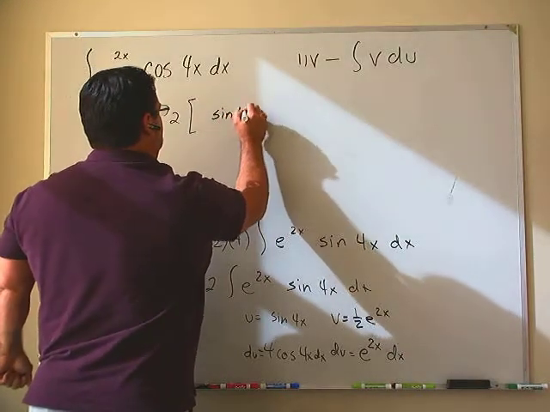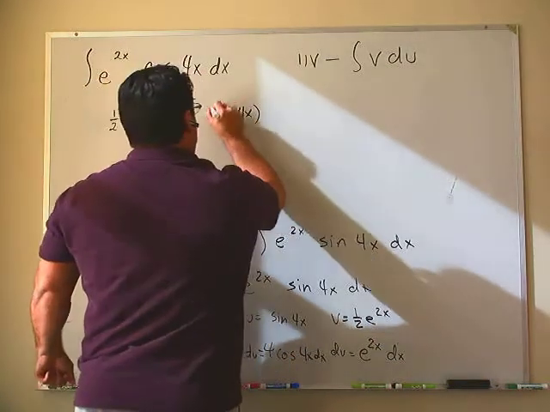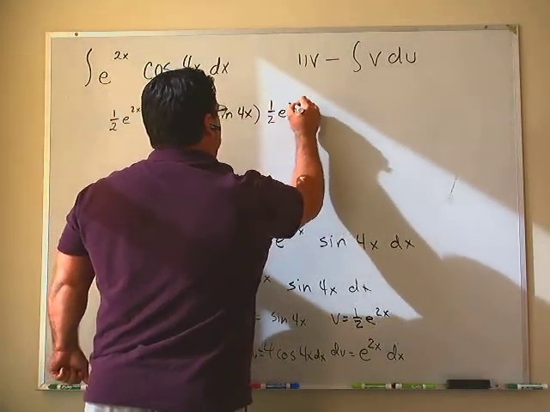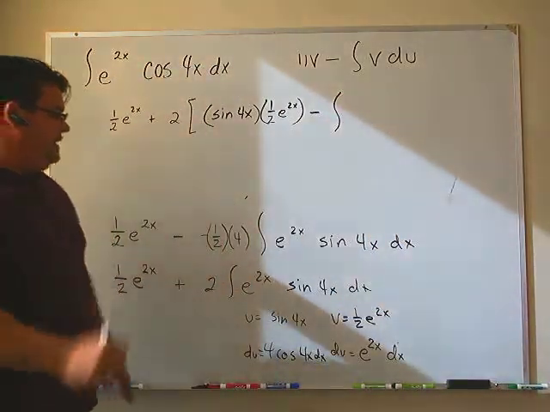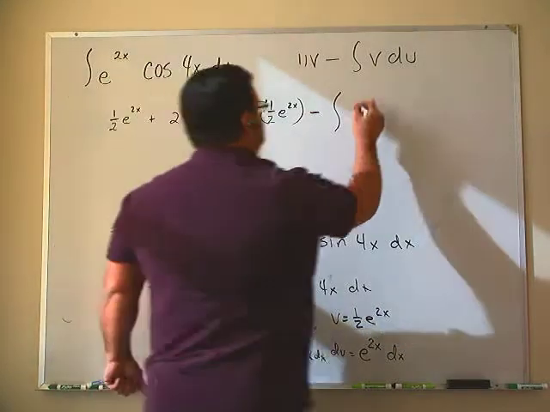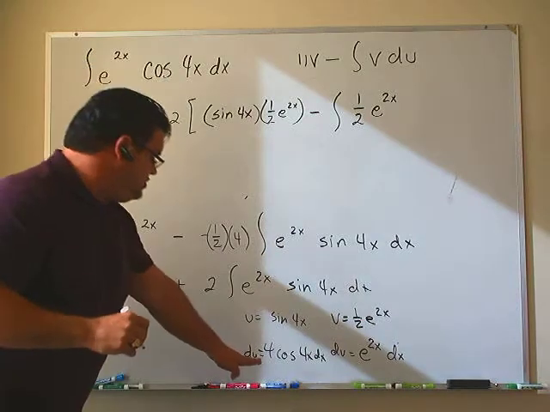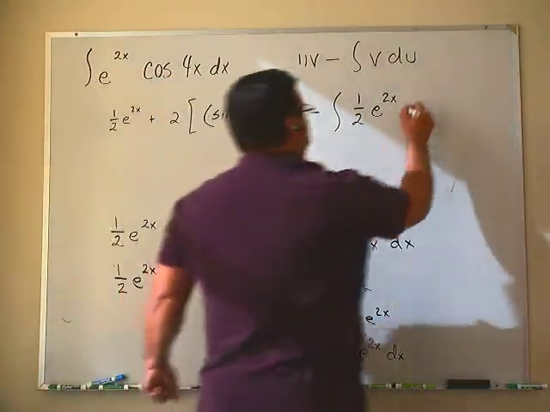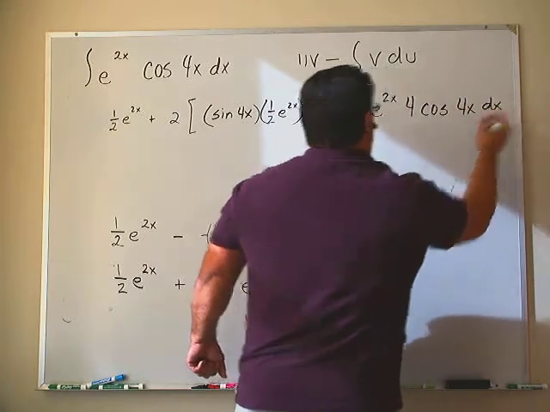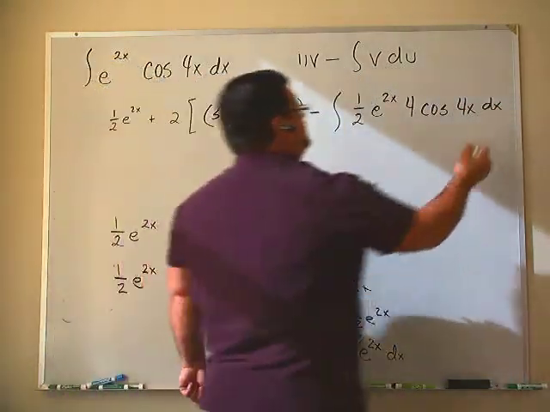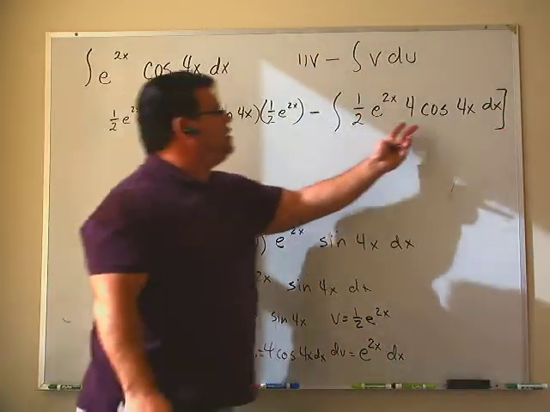Remember, ultraviolet minus voodoo, so u is sine 4x times v, which is 1/2 e to the 2x, minus the antiderivative of v, which is 1/2 e to the 2x, times du, which is 4 cosine 4x dx. And that's closed parentheses.